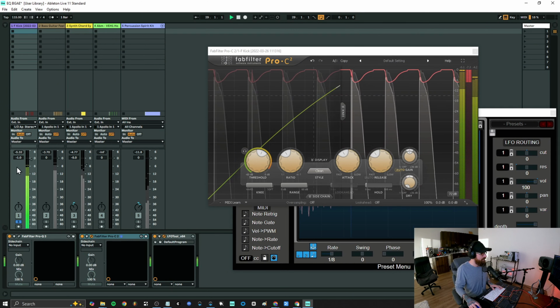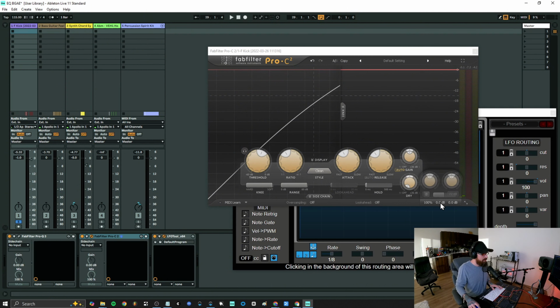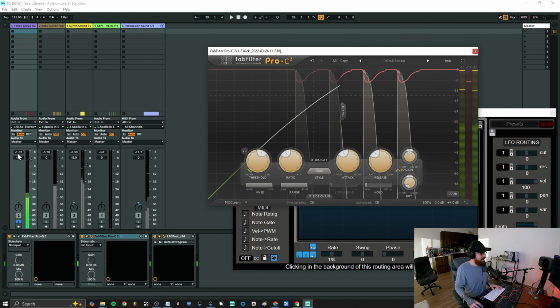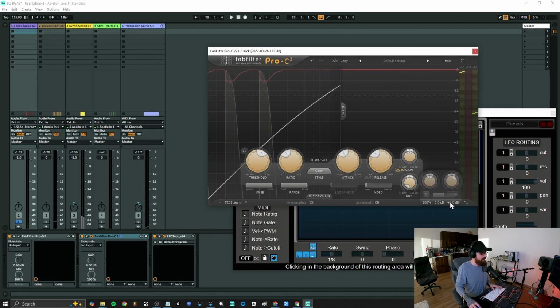And we can see that it's at 5.32. So we can go ahead and roughly take this output level and increase it by 4 dB, because that's kind of what we lost. So now we're at negative 1.32.